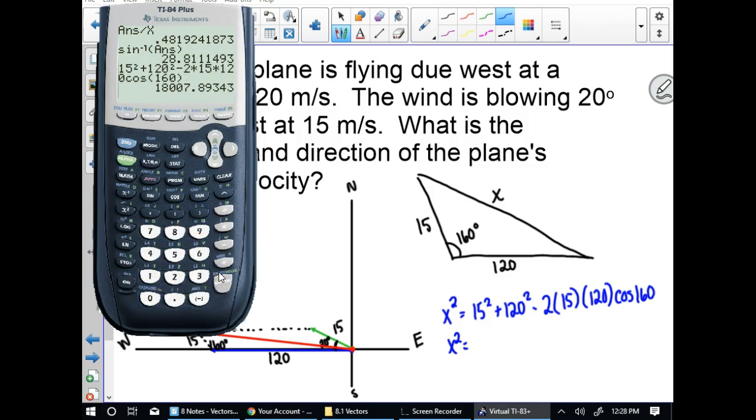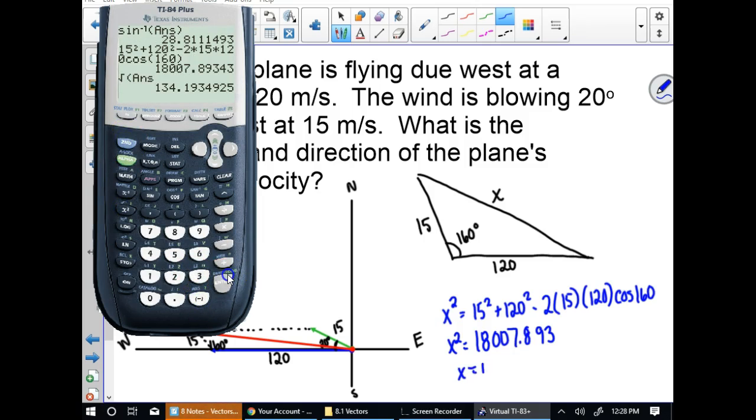And so we get this number for our x squared. We have to take the square root of that. And we're going to get x equals 134.193, and that's in meters per second.